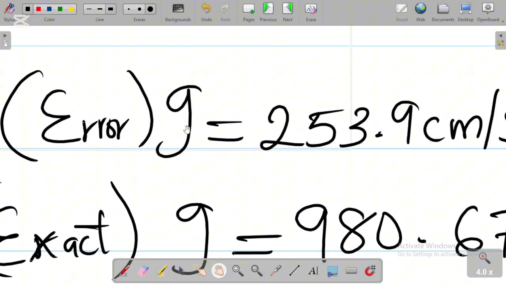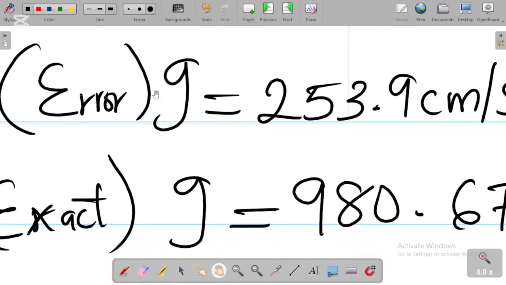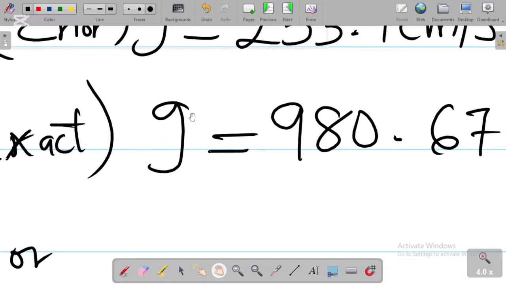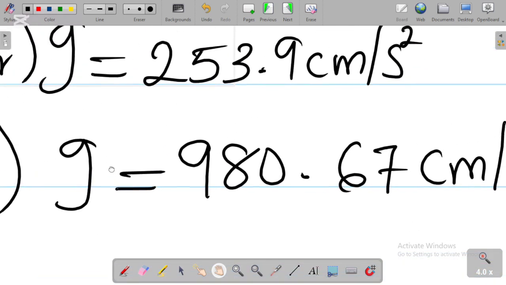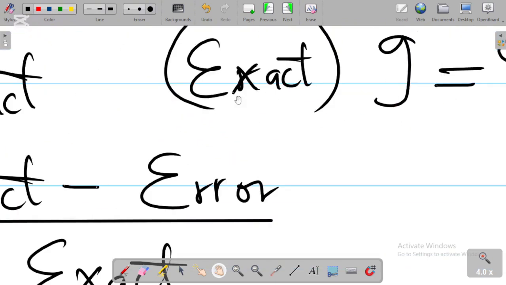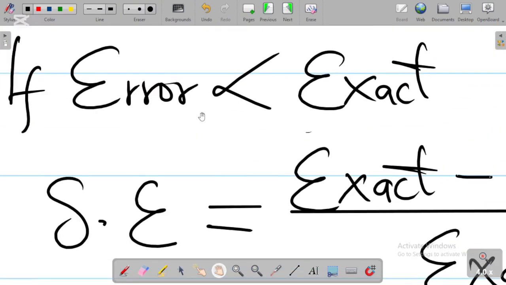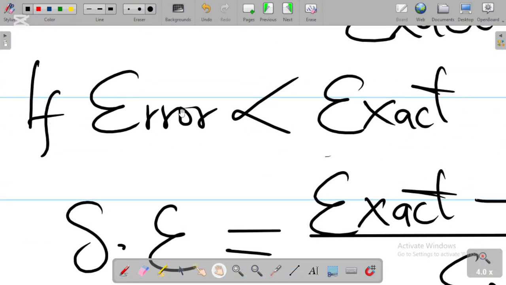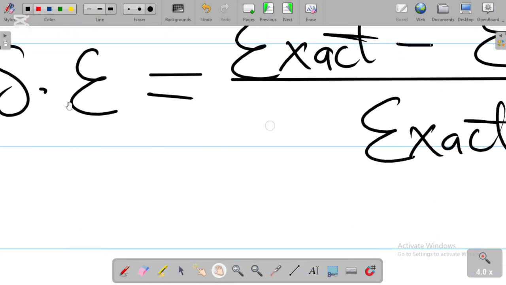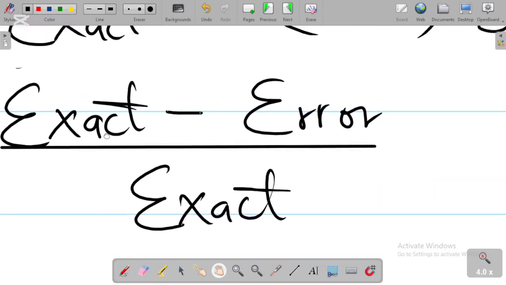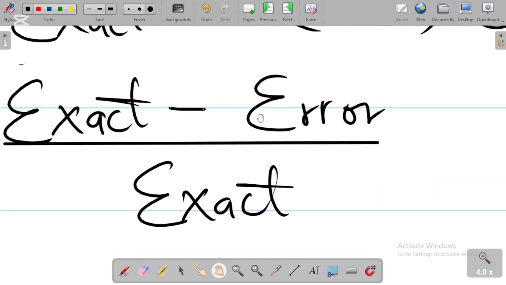All right, so if you look at the two values, you would see that the acceleration due to gravity we calculated, which is called error, is less than the exact value of acceleration due to what? Gravity. And I told you that if the error is less than the exact, therefore standard error is equal to exact minus error, all divided by what?